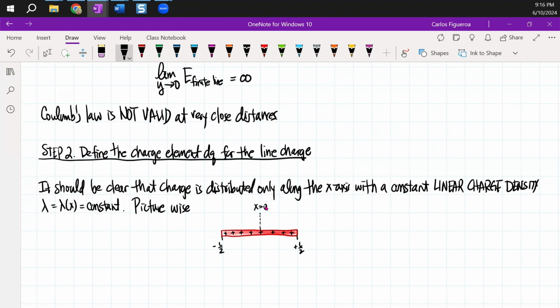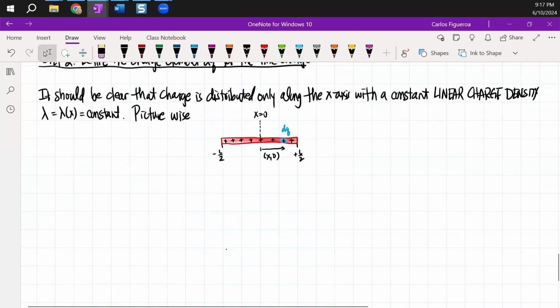So when I look at a single charge, I'm going to pick a point, and that point, I'm picking a tiny, tiny dq that is located where? If I look at the distance from the origin, it's at the point x and y equal to 0. So I've now located a single charge element.